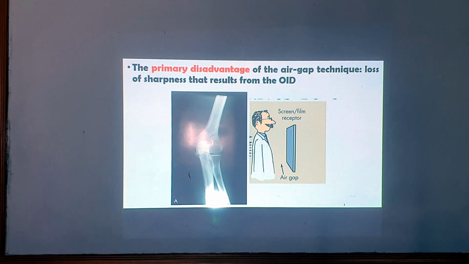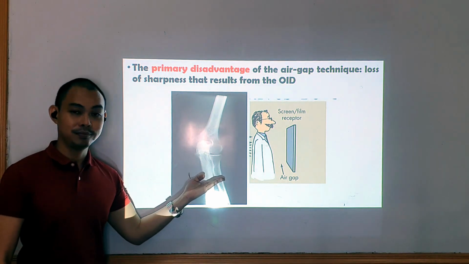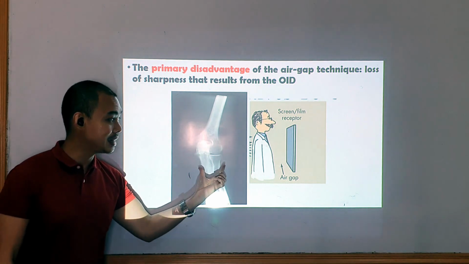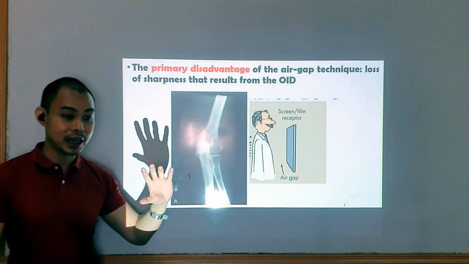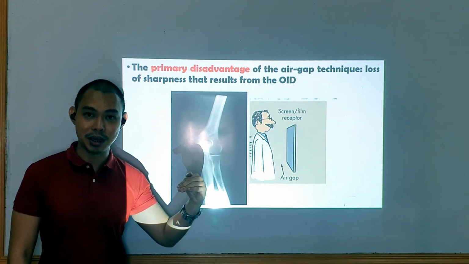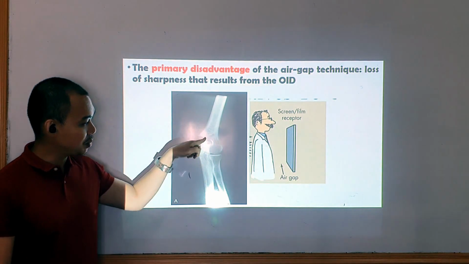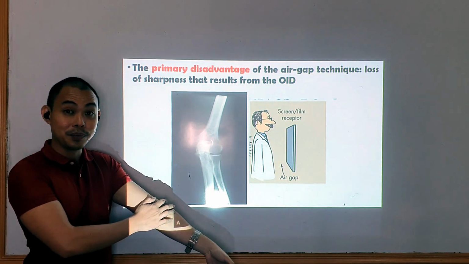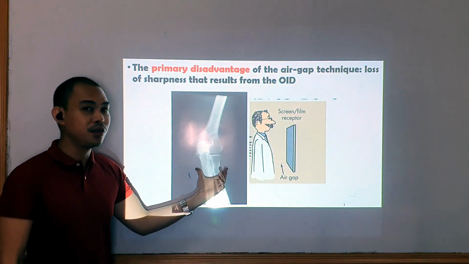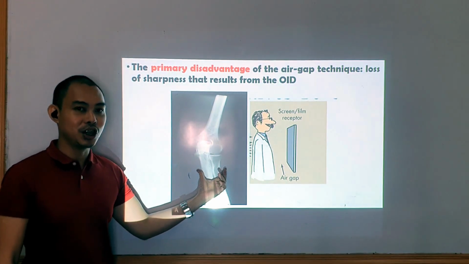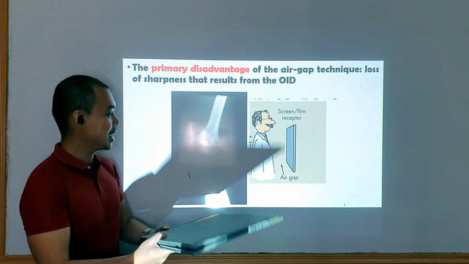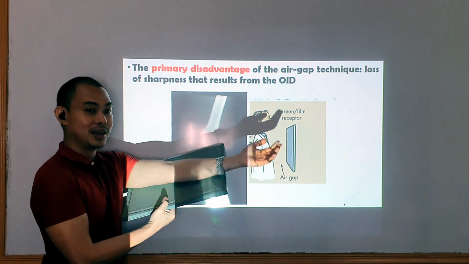Try to look at this one. This is the actual radiographic image for this specific examination. Okay? For example, this one is this area here, right? What if we're going to take another examination of the same area, but for this one, guys, it's supposed to look like this.